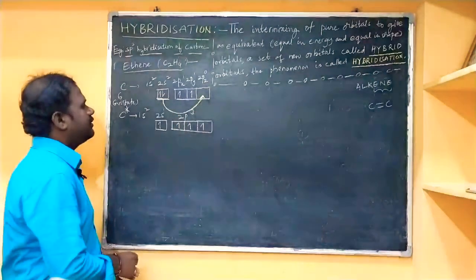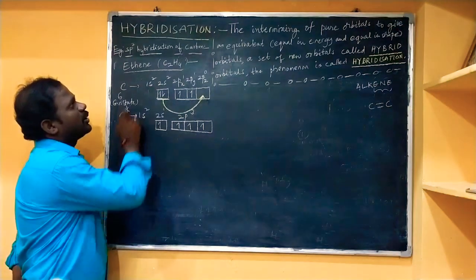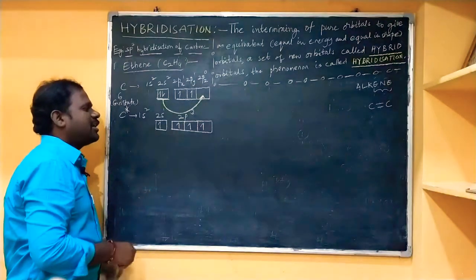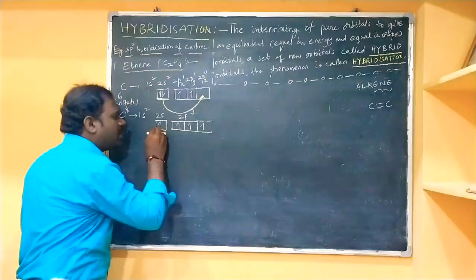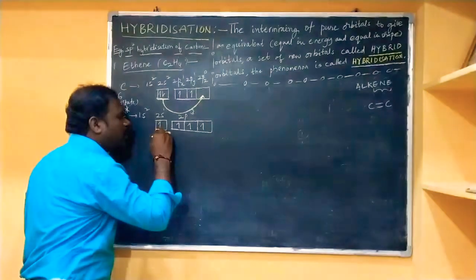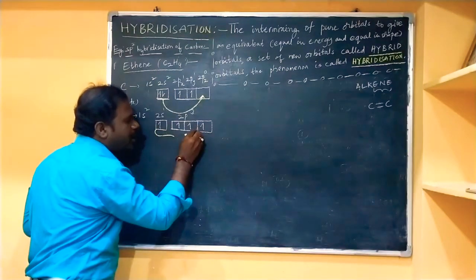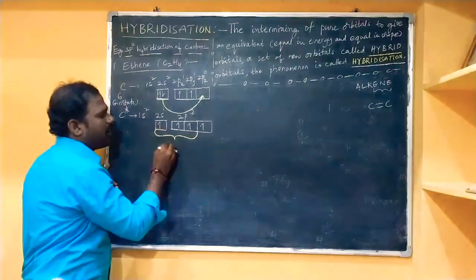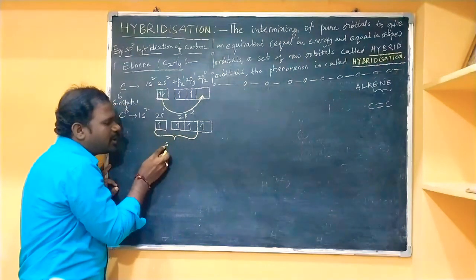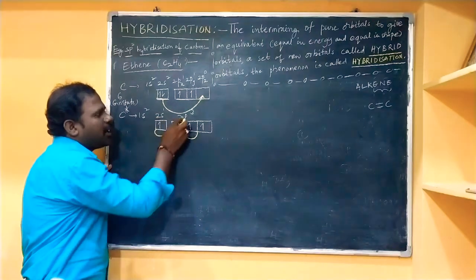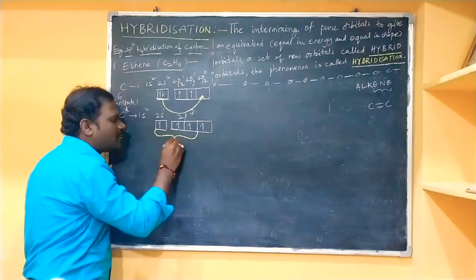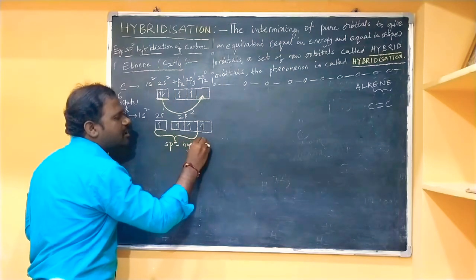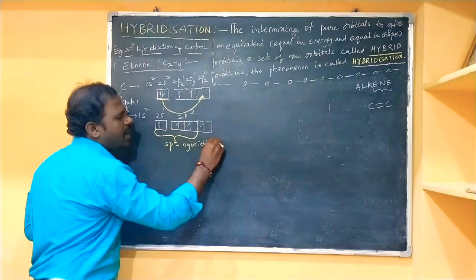In this ethene molecule, hybridization takes place like this: by the involvement of only one 2s subshell and two 2p subshells, for the formation of sp2 hybridization.